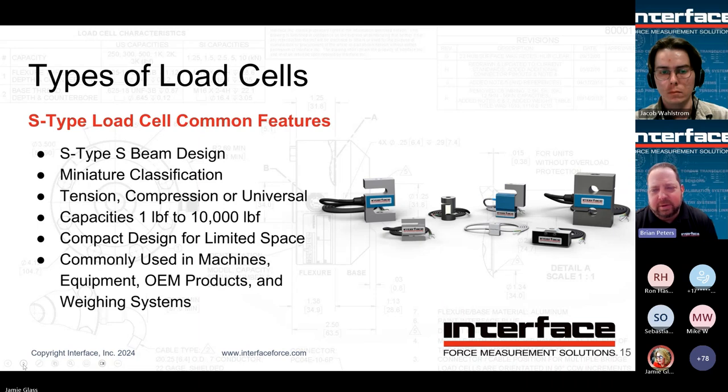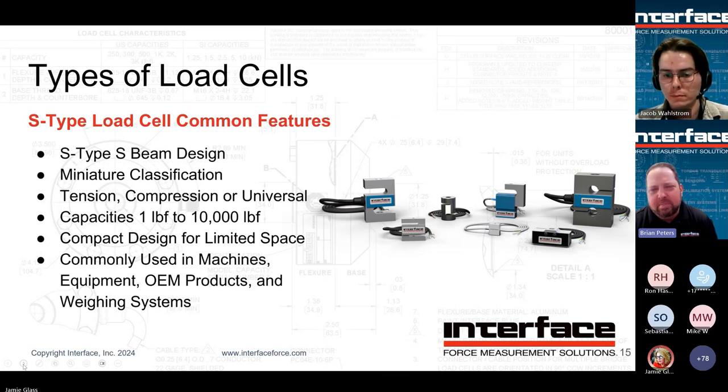S-types come in different shapes and sizes as well, somewhat driven by dimensional constraints or desired capacity ranges or ceiling parameters. Good, versatile also in terms of being able to fit most applications pretty well, relatively compact and relatively efficient from a package standpoint, and also efficient from an economical standpoint usually.